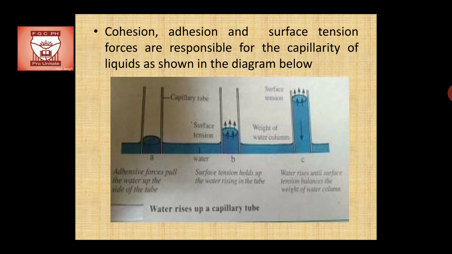Cohesion, adhesion, and surface tension forces are responsible for the capillarity of liquids as shown in the diagram below. The diagram is self-explanatory. That's water rising up a capillary tube. You can see it there.